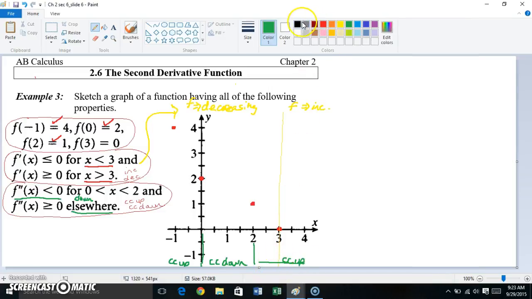Okay, so we're going to try to put our graph together. In the first section, between negative 1 and 0, we're concave up and decreasing. So concave up and decreasing. In the second section, we are still decreasing, but we're concave down. Okay, so this point is a point of inflection.